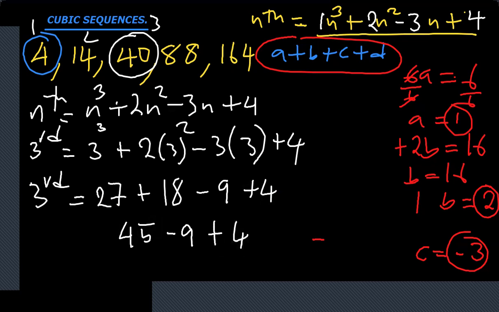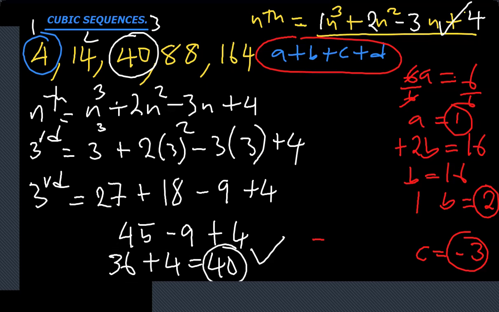Now, 45 minus 9 gives us 36. And if we take 36 plus 4, we get 40. So it means our nth term formula is correct.